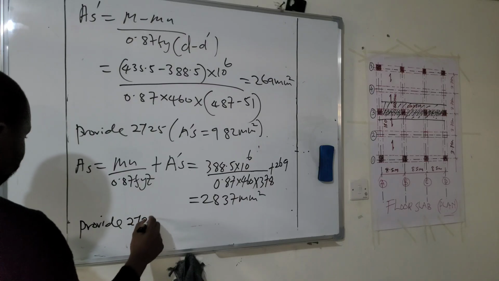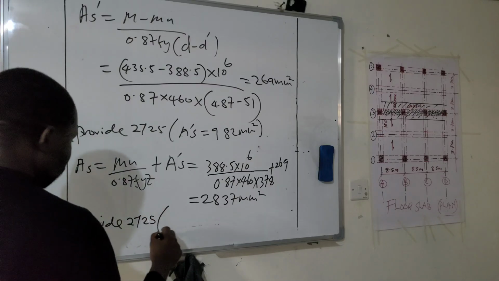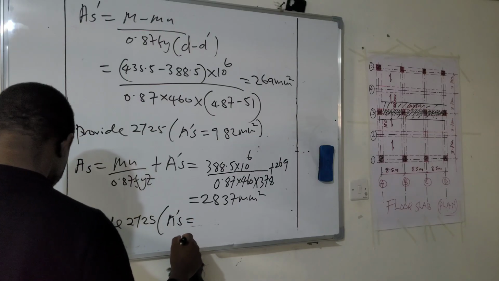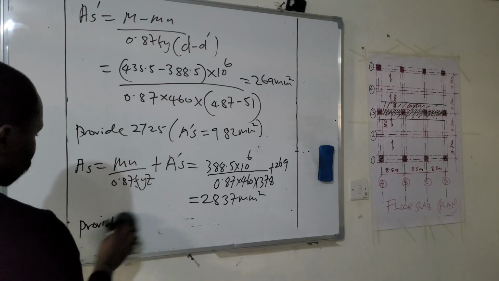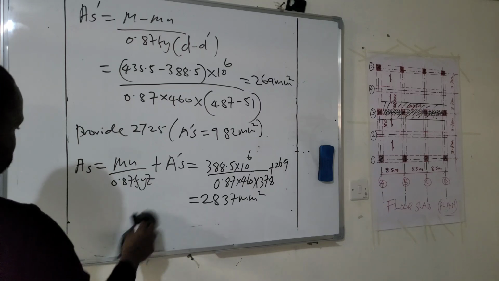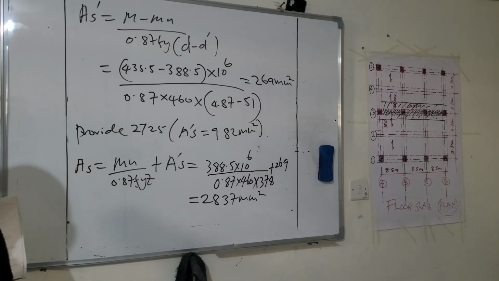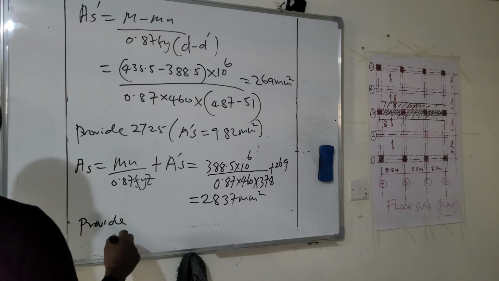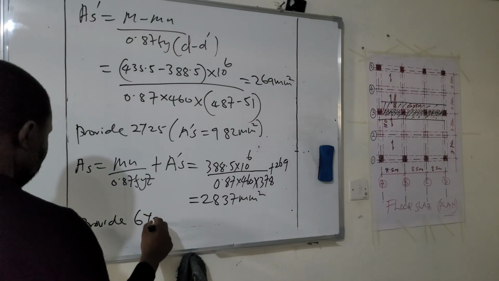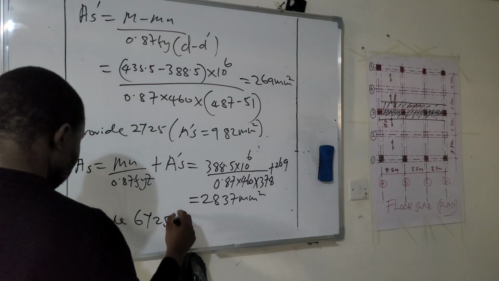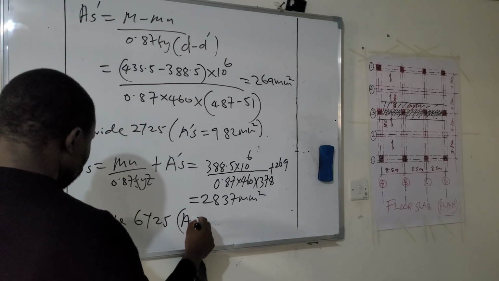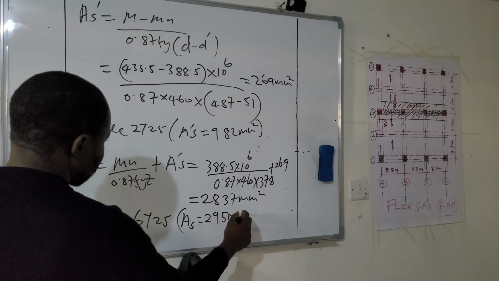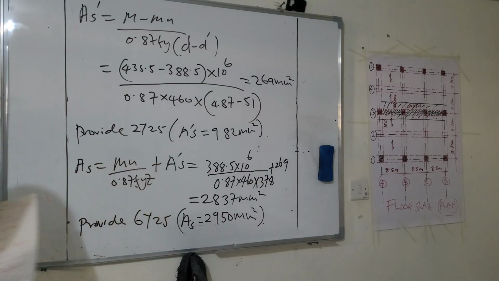Then from the table, provide 6Y25. The area provided is equal to 2950 millimeter square.